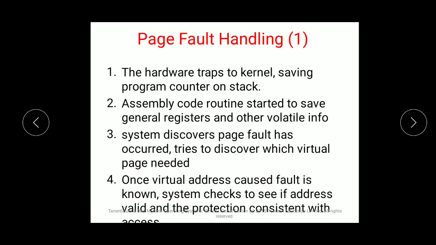They will try to understand whether this page is required or not. Once the virtual address that caused the fault is known, the system checks if the address is valid, whether their address space is valid or not, and whether the protection consistent with them is also correct or not.